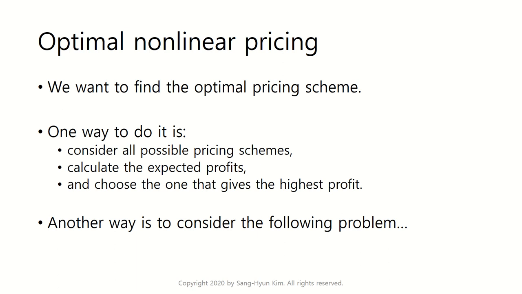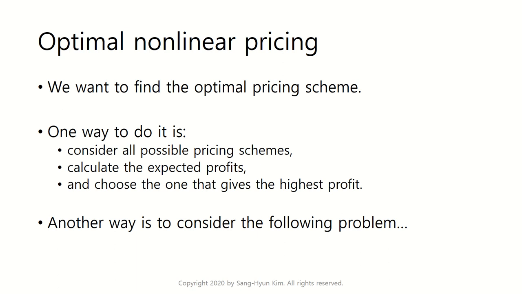If you think about this problem, the size of it is almost impossible to solve, but we can do that. Let me tell you how. One way to find the optimal nonlinear pricing is this.